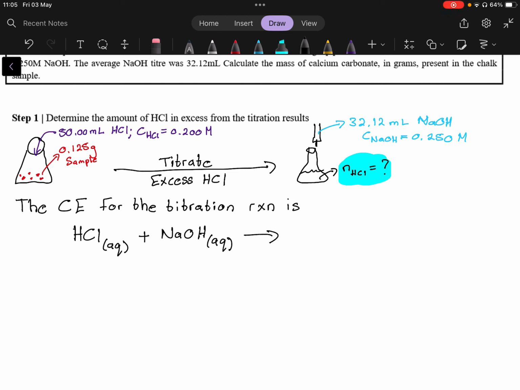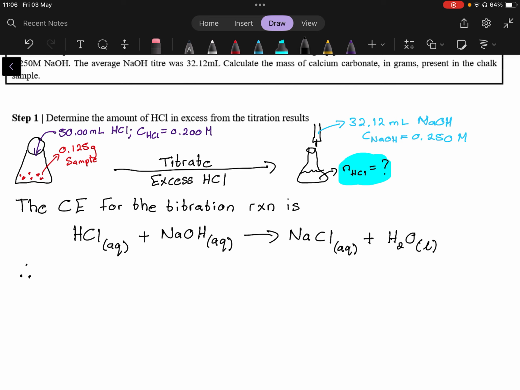This is a strong acid and a strong base, so it's strong product forming. And that's not too important now. It forms sodium chloride, an exchange reaction, so you exchange everything. You should be fine with that concept by now. Aqueous plus water. Strong acid, strong base forms a salt plus water. All right, and this is balanced, so we will know that it's 1:1. So if we know the amount of sodium hydroxide, we immediately know the amount of HCl.